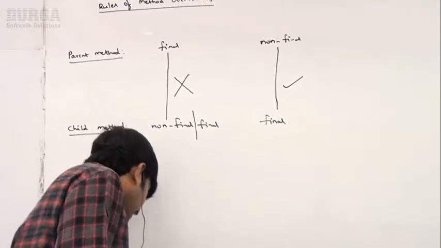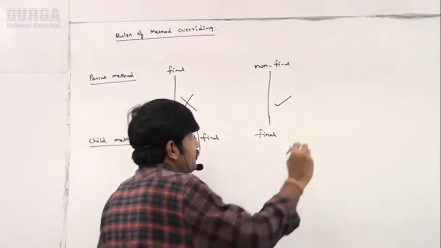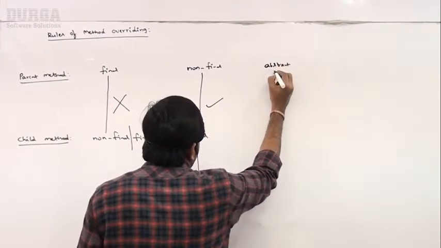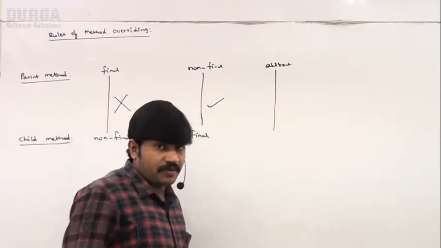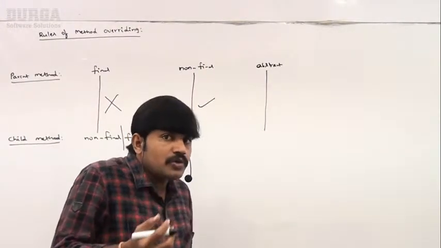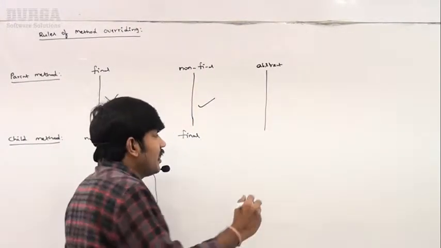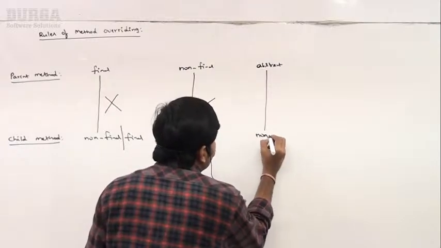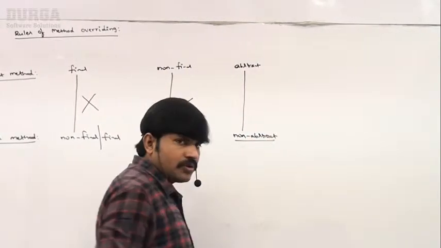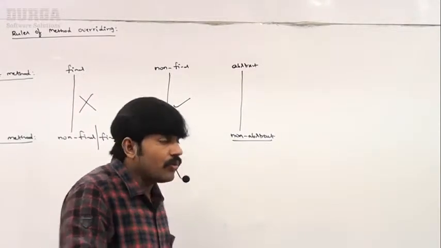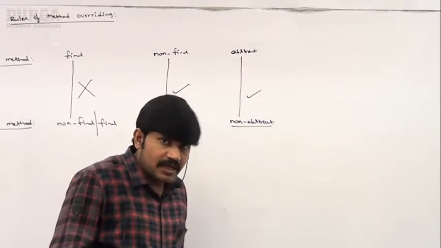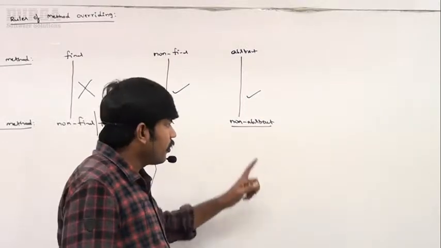Similarly, if the parent class method is abstract, meaning not having implementation, and I want to override that in the child class, compulsorily we should override to provide implementation. So abstract to non-abstract is acceptable, no problem at all.